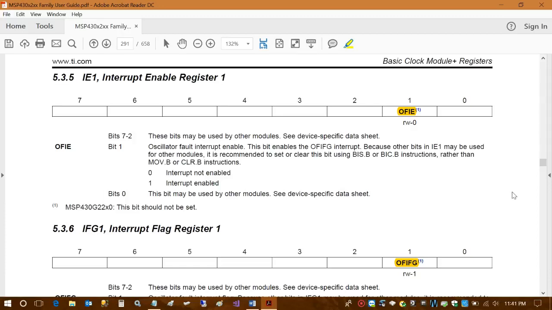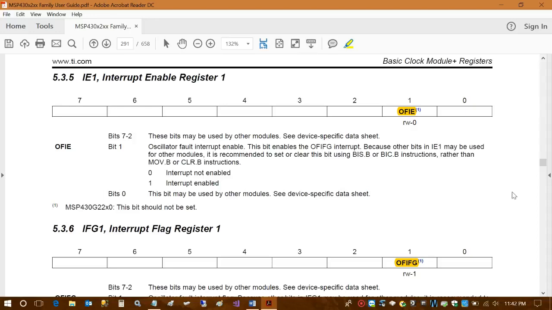And if you have enabled OFIE equal to 1, or if you have enabled the interrupt, then the processor goes for a non-maskable interrupt in NMIE, where you can write some kind of information that there is an oscillator fault. And OFIFG will always be 1 when you switch on the microcontroller.